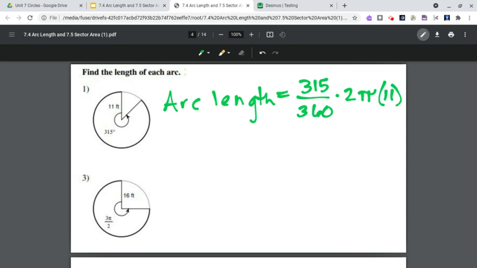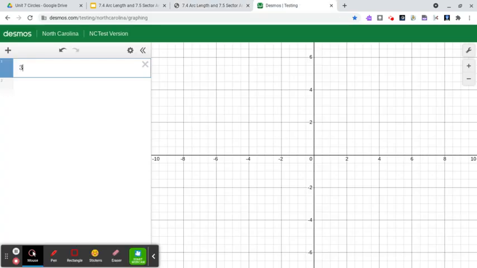Okay, I'm going to calculate it two ways. I'm going to leave it in terms of pi, and then I'm going to round to the nearest hundredths place. So first, 315 divided by 360 gives me as a fraction 7/8.